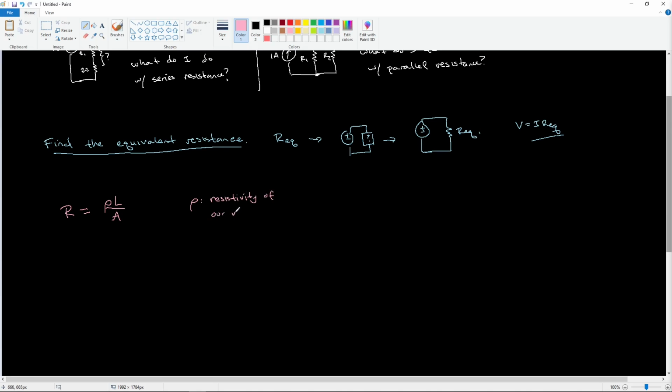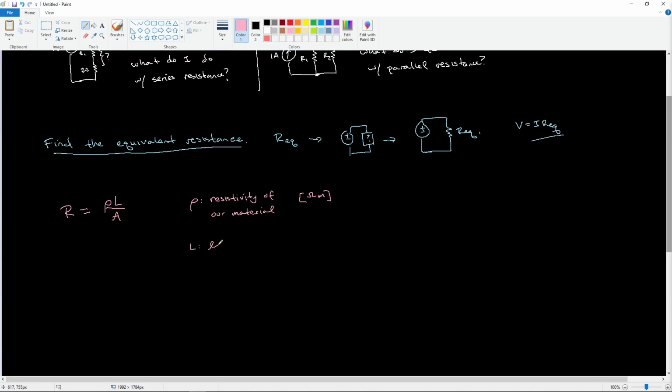And this is in units of ohm meters. Yes, that would make sense because we'll see dimensionally how this works out.